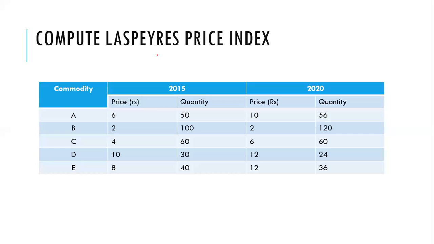We'll work out one small problem where you can simply understand how Laspeyres works. Compute Laspeyres price index. Always keep in mind, sometimes they ask you quantity and value; we'll go to that later. First we'll focus on this.